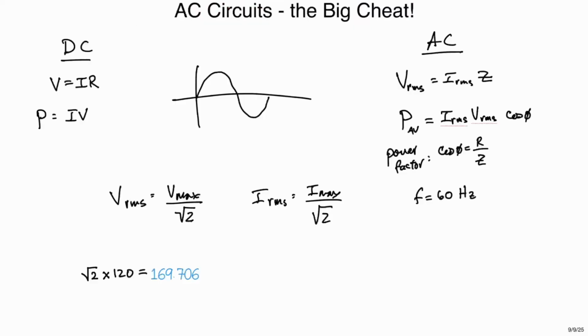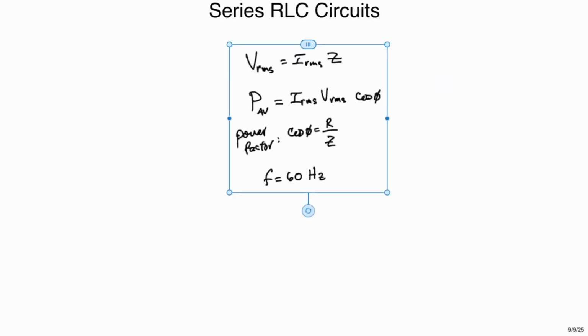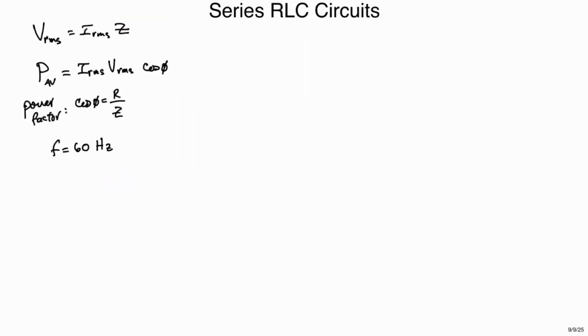So along with what we had here, let's copy over, I'm going to grab this. I know you can't really see what I'm doing. Copy. Paste. Okay, so along with this stuff for AC circuits that we had before, specifically for the series circuit, the impedance, which I mentioned before, it gets ugly, but don't panic.